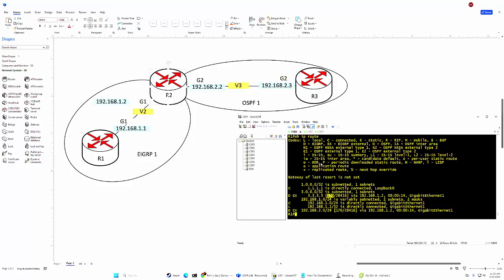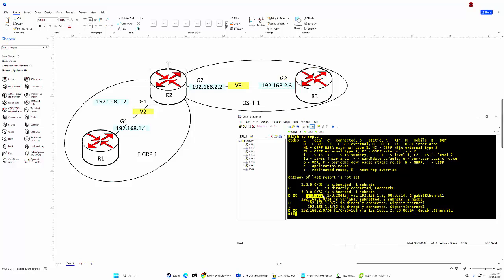EIGRP external routes are defaulted to a 170 administrative distance. So if I have OSPF being learned on that same router, router 1 that is, with an administrative distance of 110, obviously this is not going to be in the routing table.